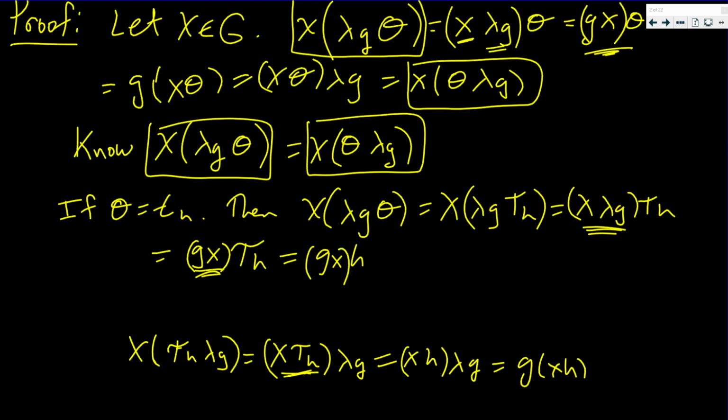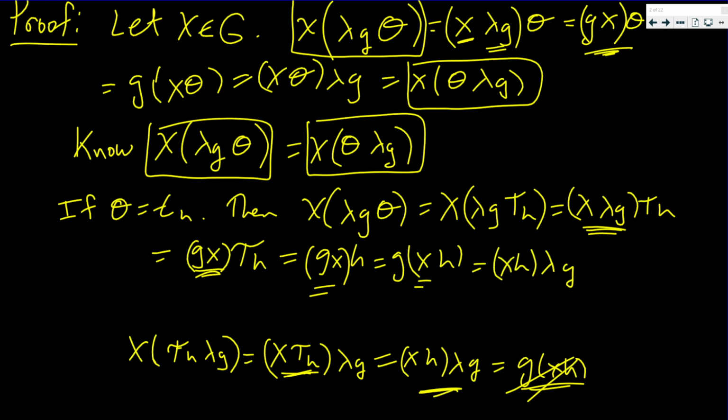And again, I can write this over here. All I did was use the associative law from here to here. And that equals this, xh tau g. And this equals that. And that's all I'm saying. X tau h lambda g.